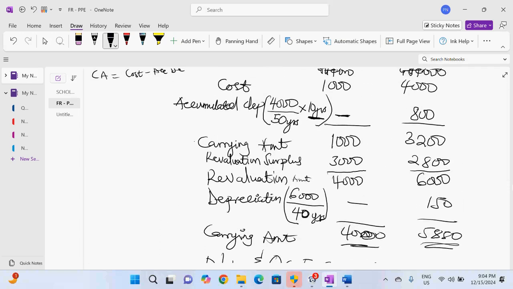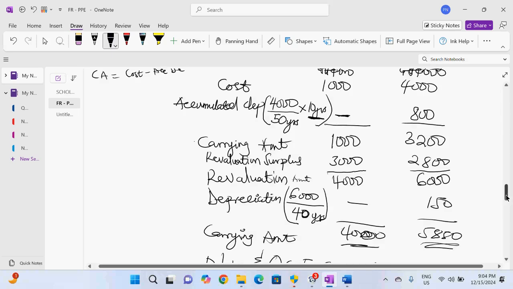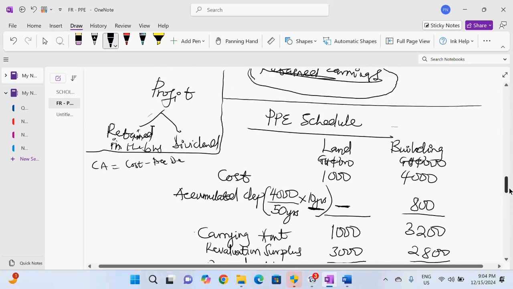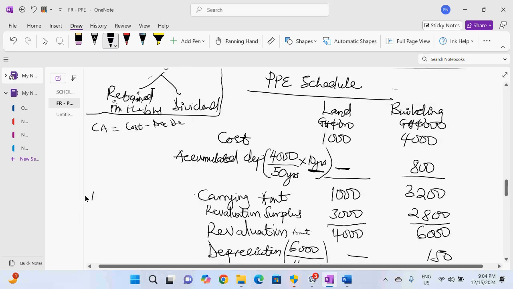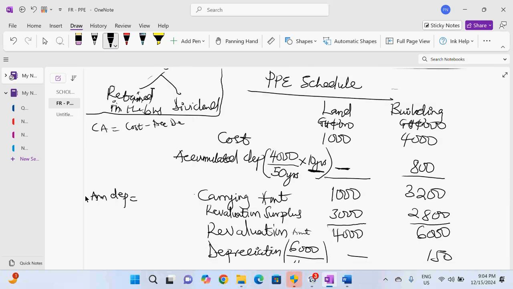So how do they do it? The annual depreciation before revaluation. What is the depreciation before revaluation? Depreciation is cost over useful life. What was the cost?